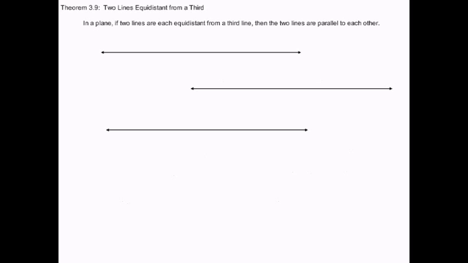We also have another theorem. Two lines are equidistant from a third. So in a plane, if two lines are each equidistant from a third line, so if I have a perpendicular here, and then I have another perpendicular here, and I say that this length is, say, x, and this length is also x.